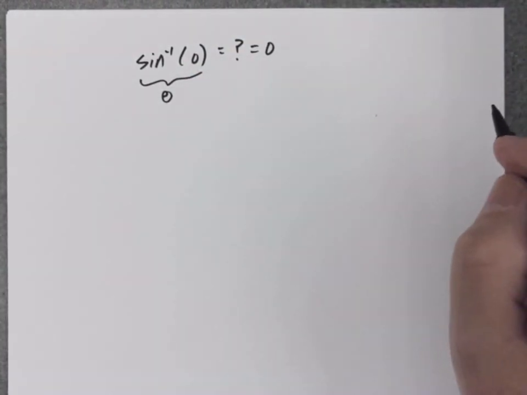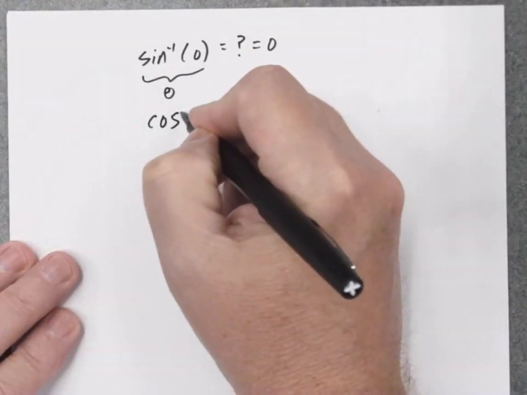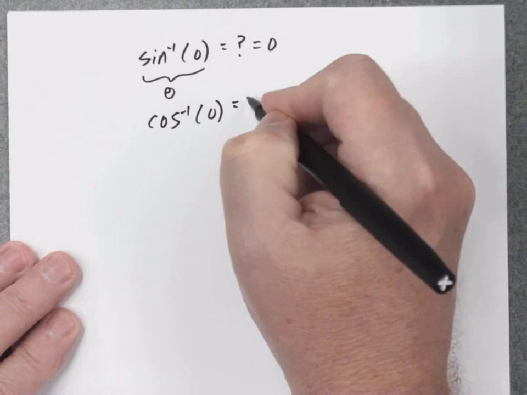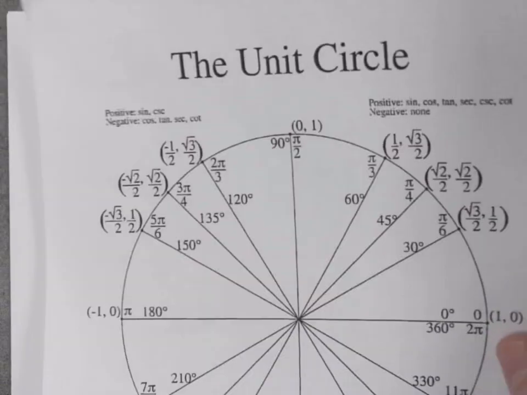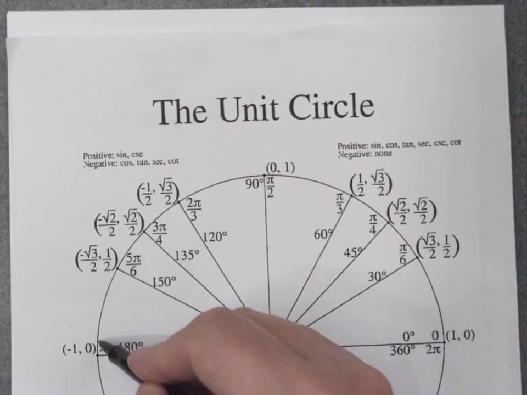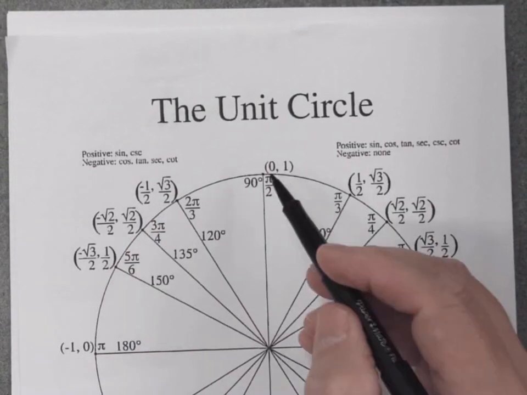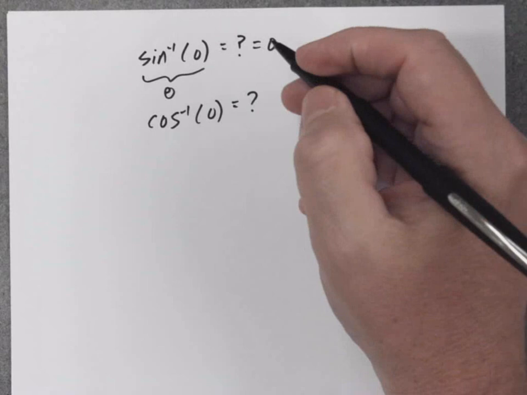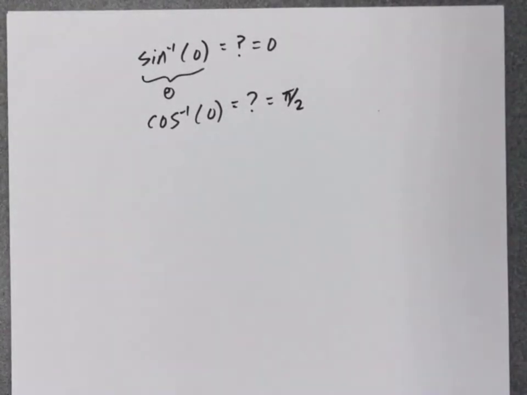How about inverse cosine of 0? Cosine says, I'm looking for an angle where the cosine is 0, which has to come from the top half of the unit circle. Cosine is 0 up here at pi over 2.